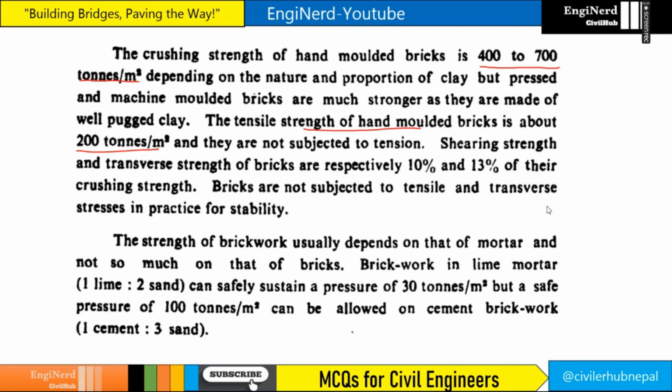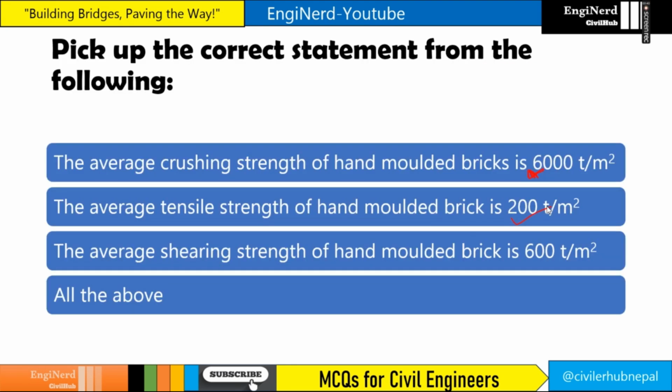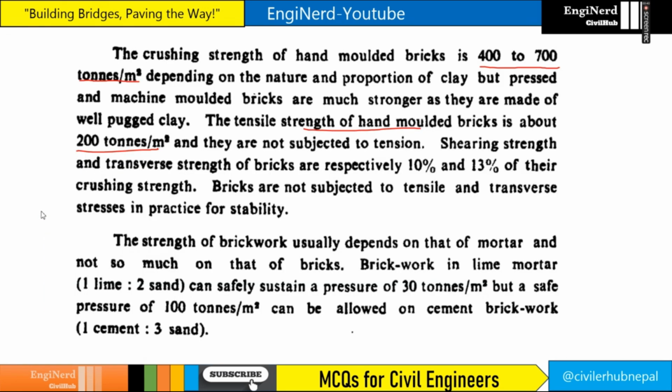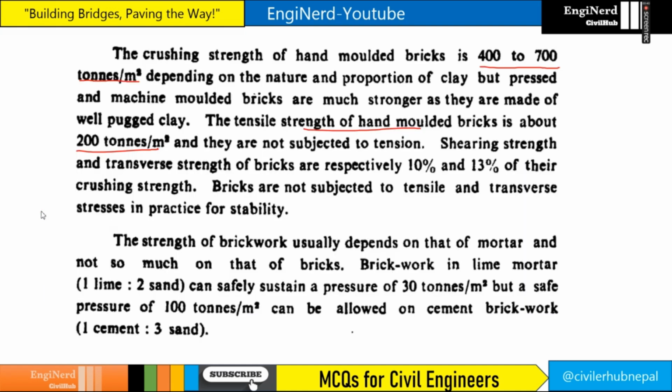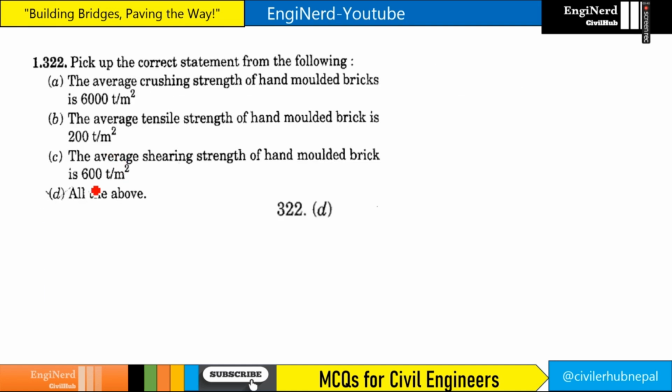And the shearing strength and transverse strength of bricks are respectively 10% of their crushing strength. So 10% of 6,000 in this case. This seems correct according to this book, but these two do not seem correct. But the answer given is all of the above. This is a question from the book of Augur, and the answer is given as all of the above.